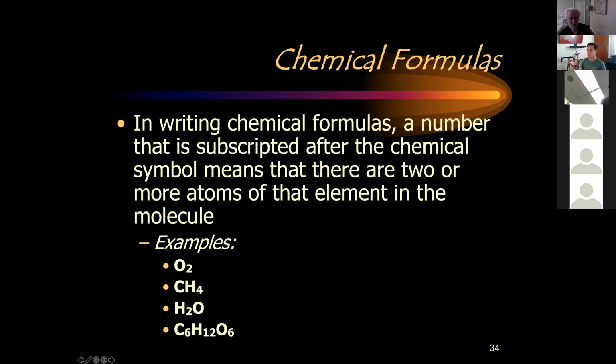So let's think a little bit about chemical formulas. In writing formulas, a number that is subscripted means that there are 2 or more atoms of that element. So here are examples. O2 means there are 2 oxygen atoms.